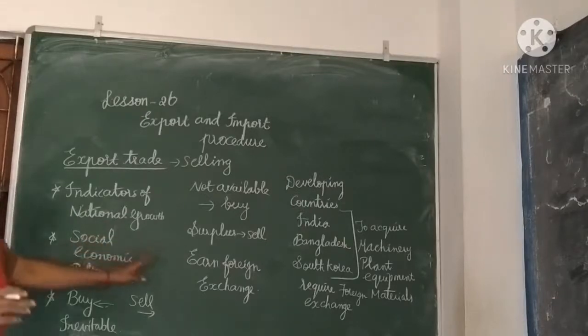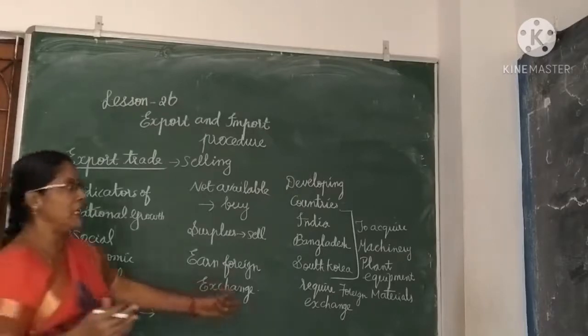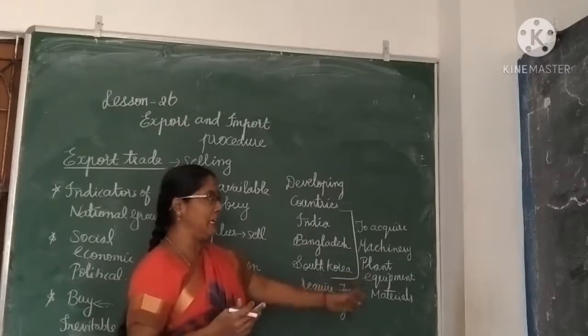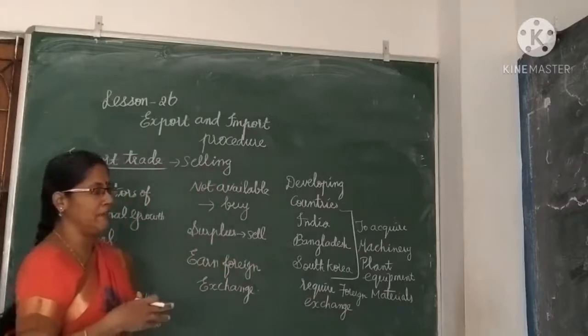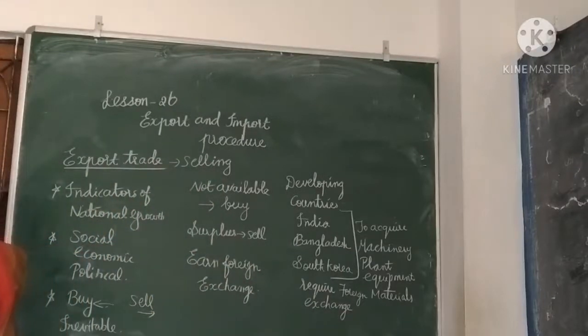And we sell the goods and services produced in surplus by our country to other countries which need them the most. We send machinery, and in the previous lesson we saw the goods we are exporting: herbal products, lots of electrical items, everything we are exporting.